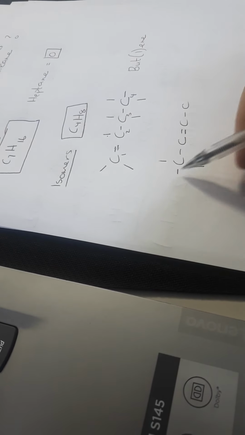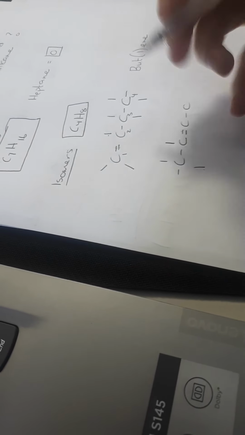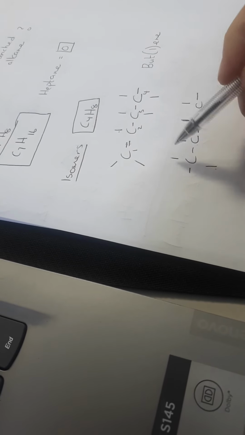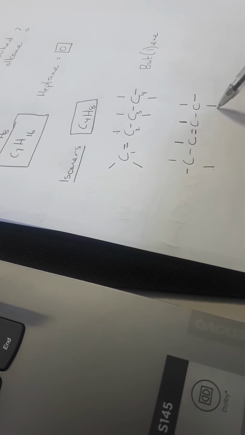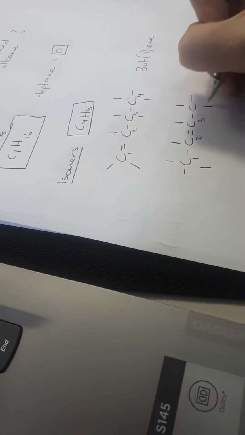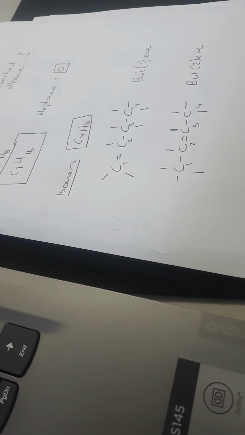So that's 3 hydrogens here, 3 in carbon bonds, and then 3 here at the end. So again, 1, 2, 3, 4, 5, 6, 7, 8. But this time, my double bond is on my second carbon. So that's going to be but-2-ene. Remember, an isomer is the same molecular formula, but a different structural formula.